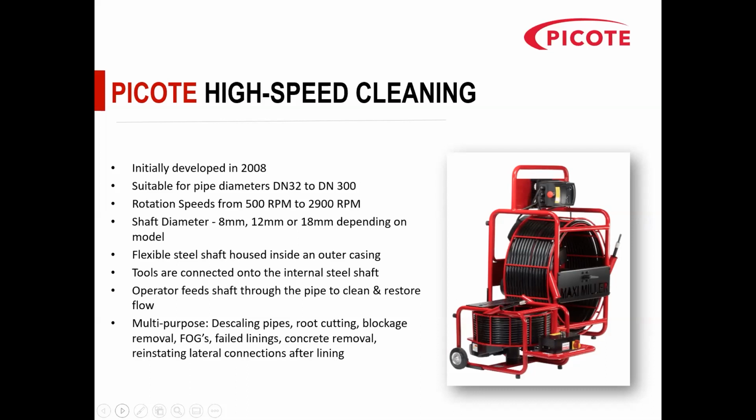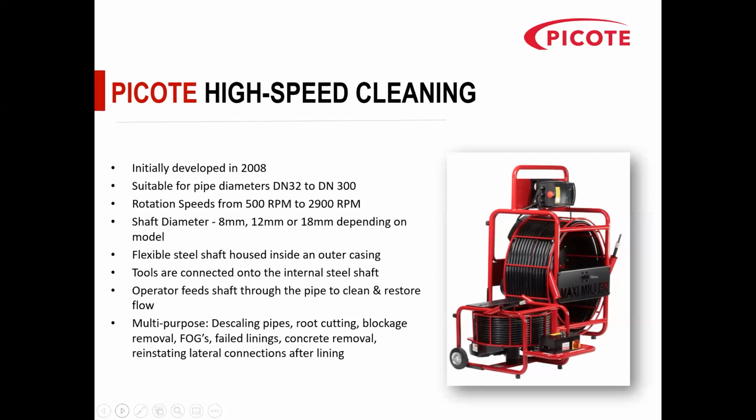We have a range of machines now that go from DN32 up to DN300, so that's 1.25 inch up to 12 inch. We have rotating speeds from 500 up to 2,900 RPM. Generally, with other manufacturers, each manufacturer has a different size diameter shaft.